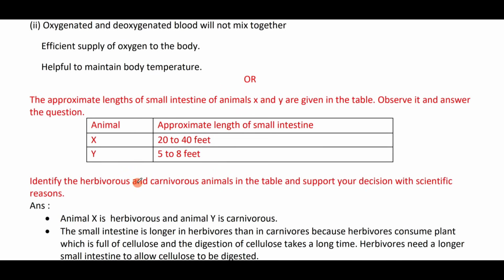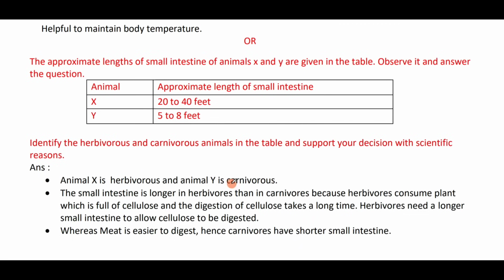The approximate length of small intestine of animals X and Y are given in the table. Observe it and answer the question. Animal X has intestine 20 to 40 feet, animal Y has 5 to 8 feet. Here animal X is herbivorous, animal Y is carnivorous, because the small intestine is longer in herbivores than in carnivores.